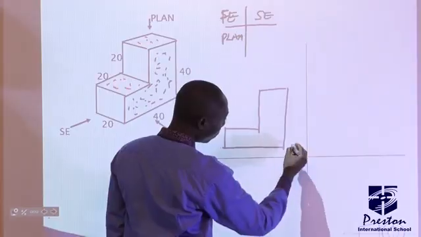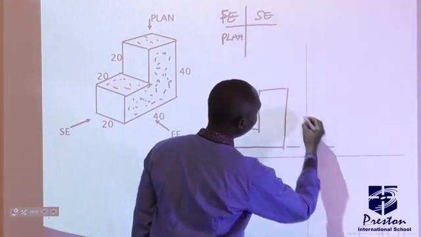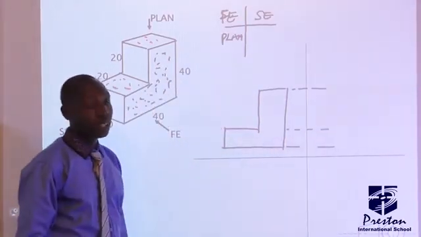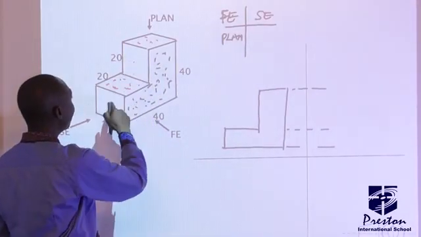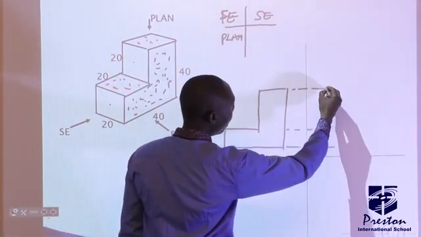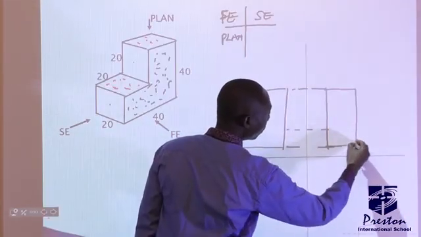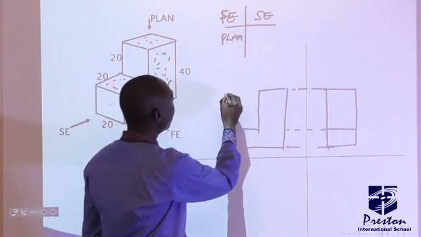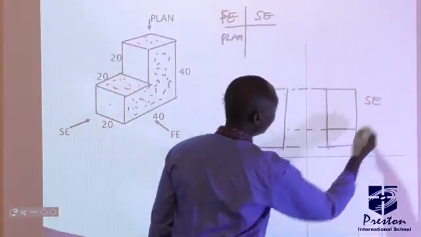So let's quickly project to this side and get our side elevation. Looking at this side, the side elevation will be this part and this part. From the projection, you are going to have something like this: the front elevation, and the side elevation.